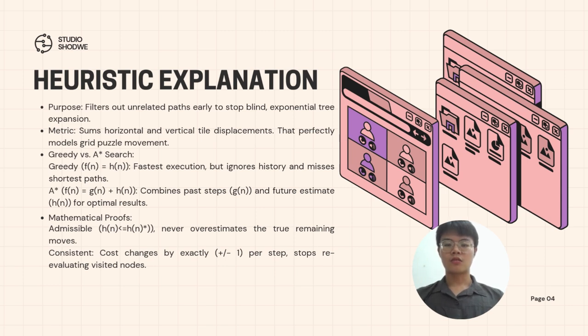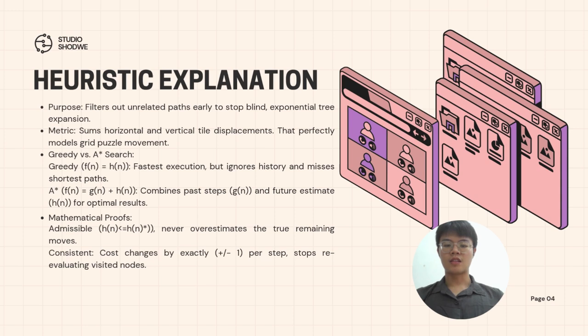We apply this to two algorithms, which are the greedy search and the A-star. Greedy search uses only the heuristic, Fn equal to Hn. It is very fast, but misses the best route because it ignores history. A-star search combines past steps with the heuristic, Fn equal to Gn plus Hn, to guarantee the absolute shortest path because Manhattan distance never overestimates the real cost.